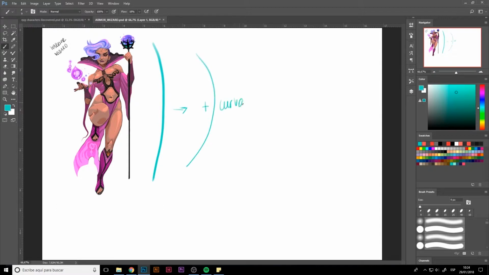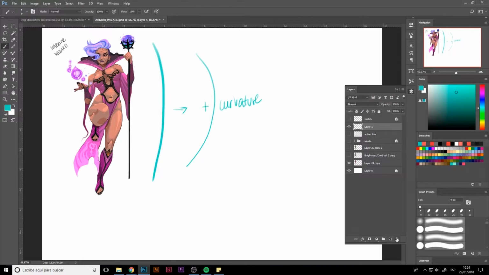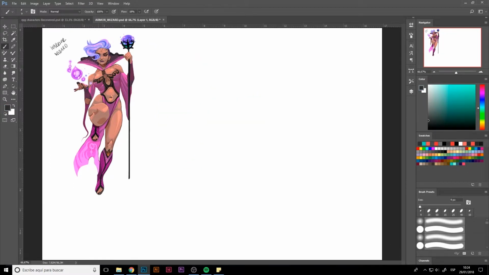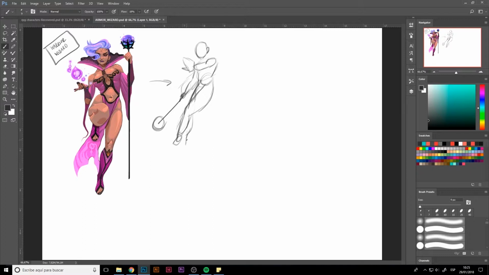Okay, so we can try and curve that line even more, and we can look for different postures that try to recreate that dynamism that we want to give the character with the imaginary line. For example, I'm going to draw another one that's kind of floating, okay? And it's going to be in kind of a sideways movement, like the one I'm doing right now.